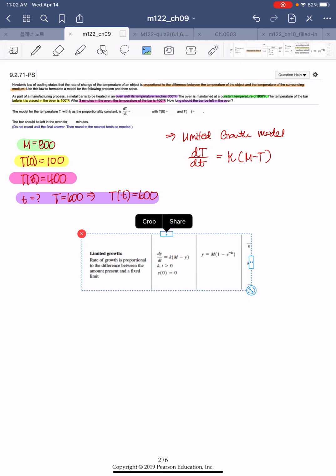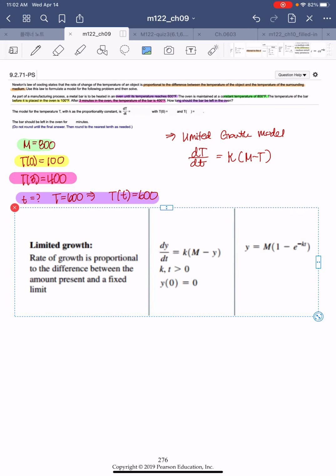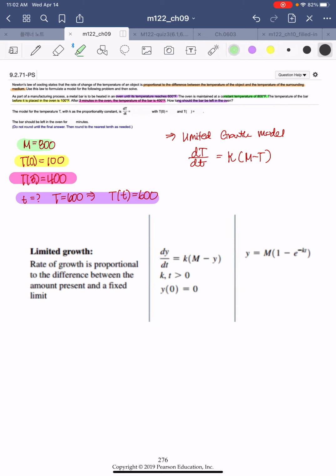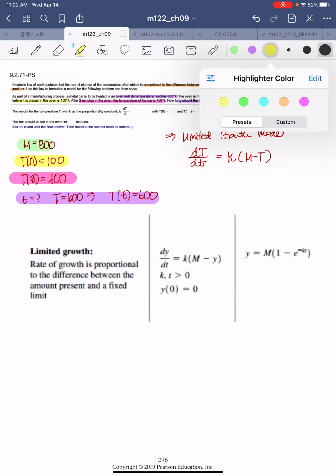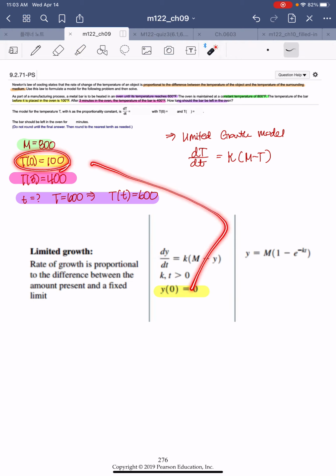Now here, I want you to take a look: you have to have every condition met in order to use the equation. One of the things you have to have is that the initial value has to be 0. Here, unfortunately, we have an initial condition of 100. They do not match.